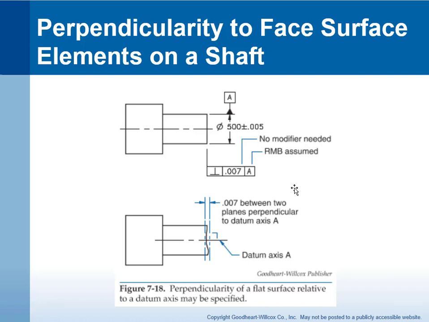Again, that is Rule 2 of GD&T. What does this mean here? We have 7 thousandths between two planes perpendicular to datum axis A. That's what that means. So, perpendicularity of 7 thousandths with A.